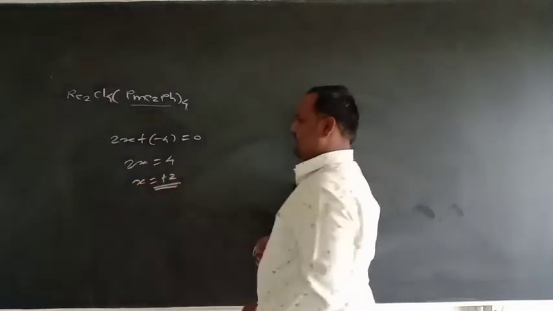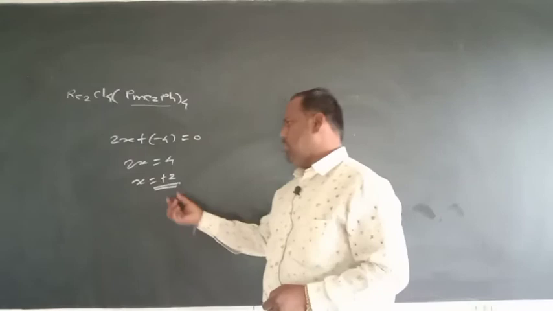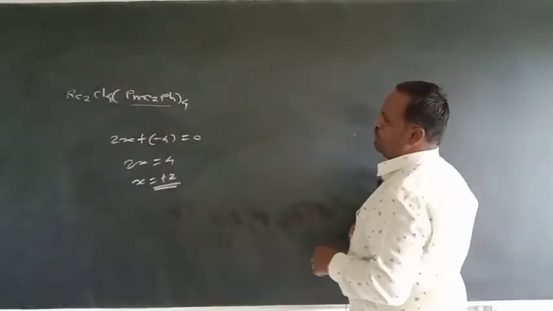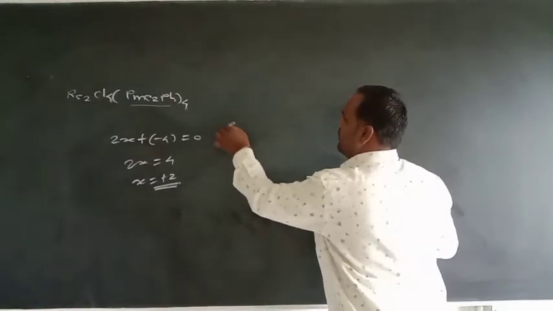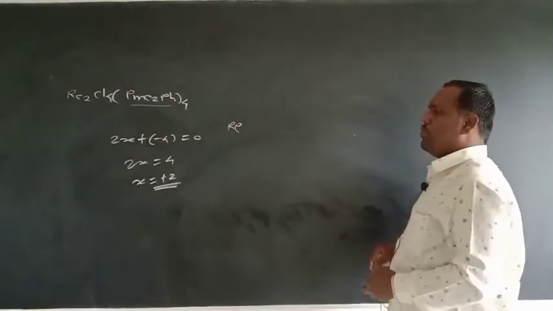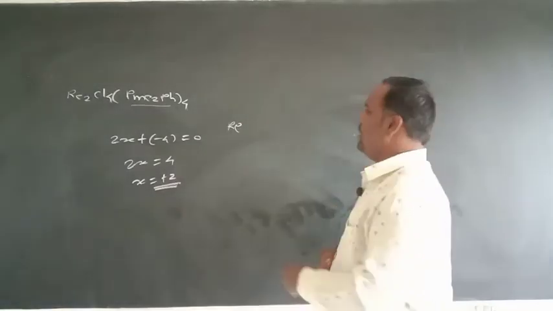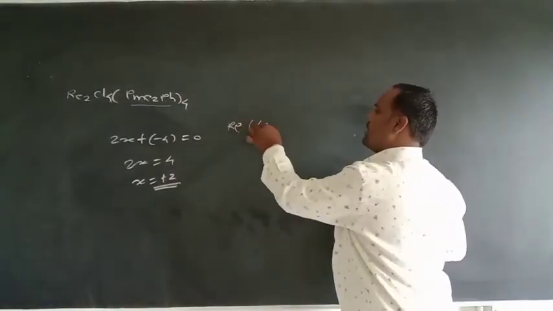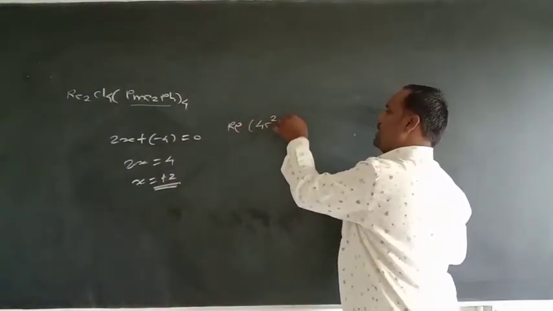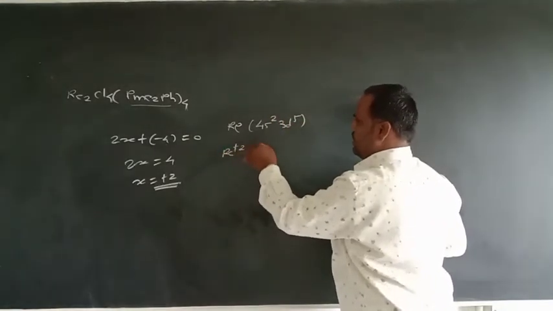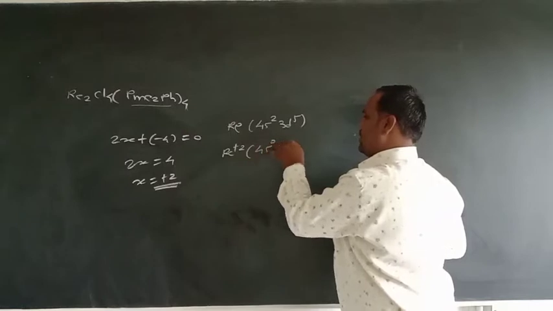So each rhenium is in the +2 oxidation state. Rhenium is a member of the manganese family: manganese, technetium and rhenium. Rhenium has valence configuration 4s2 3d5. In the +2 oxidation state, it is 4s0 3d5.